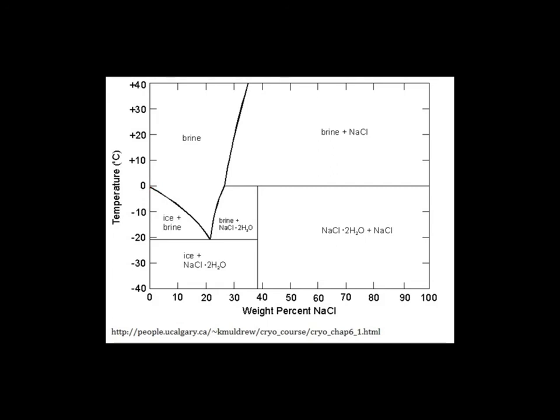This is the liquid phase here, and it says brine because that's just the name for salty water, right? So this is the liquid. Down here we have basically ice plus salt mix, not water, but H2O solid.